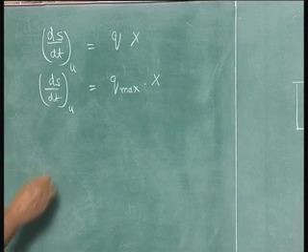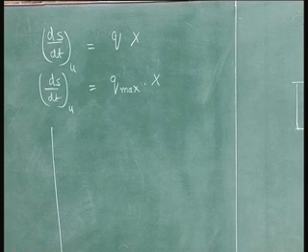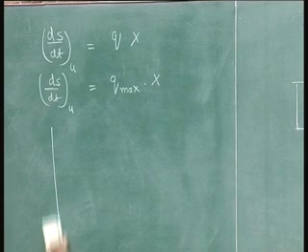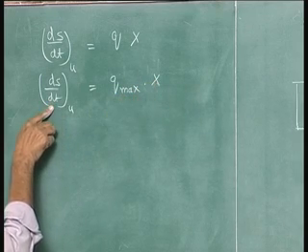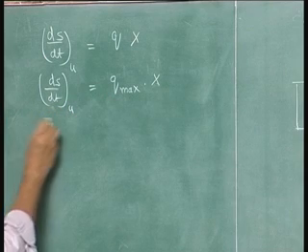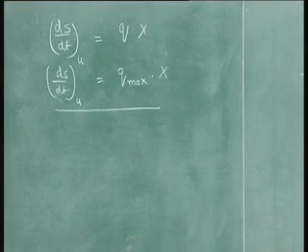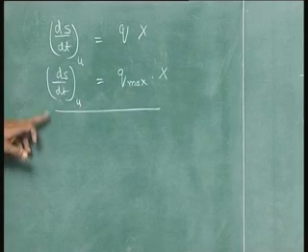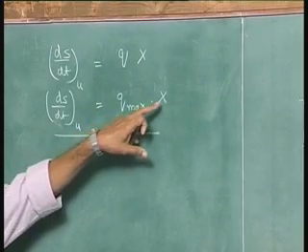Suppose I plot the graph. This is one equation that I am going to get: ds by dt utilized is equal to q max multiplied by x.